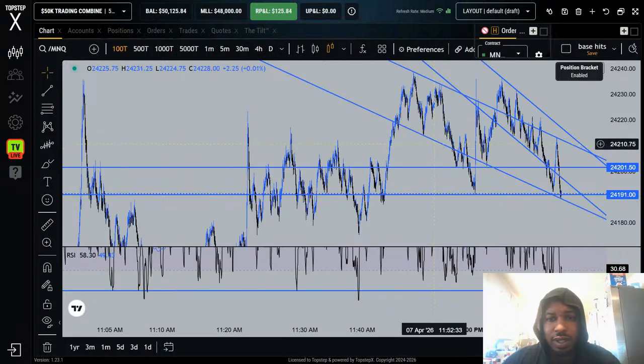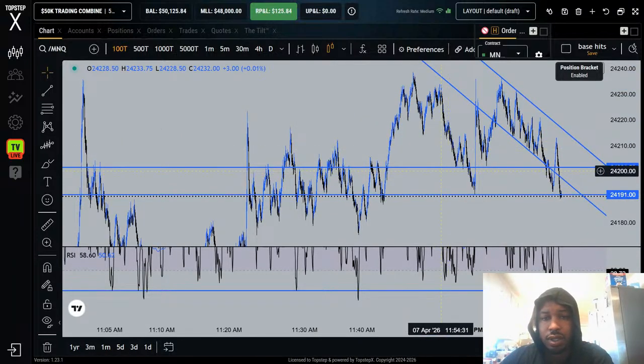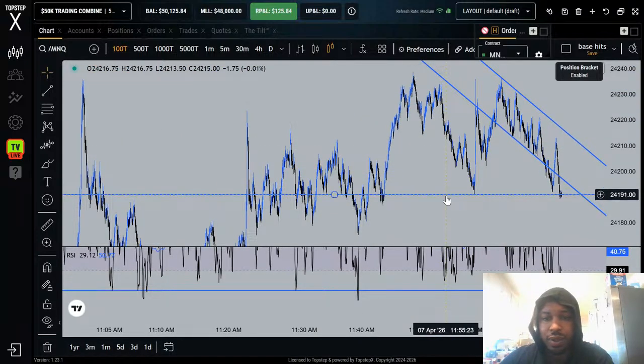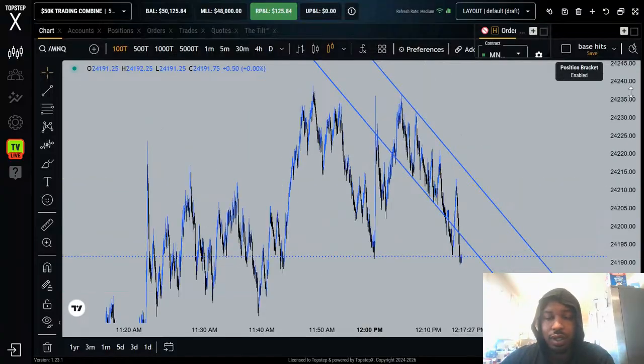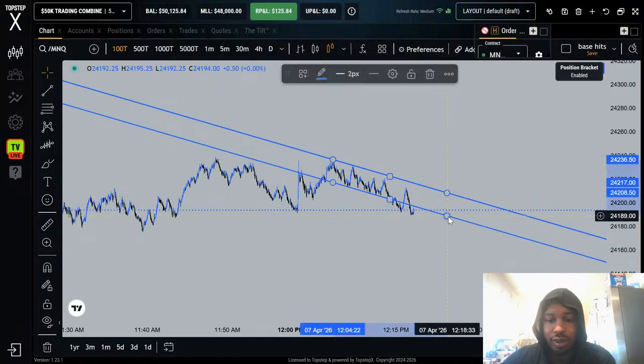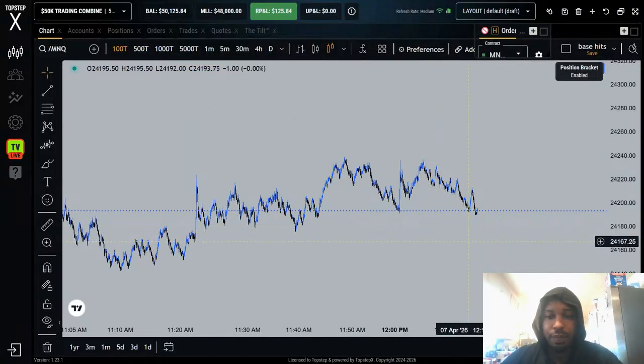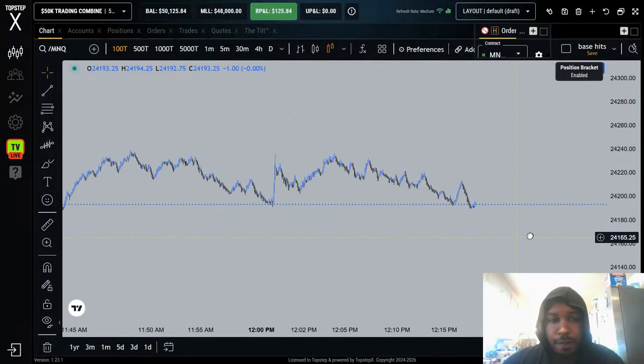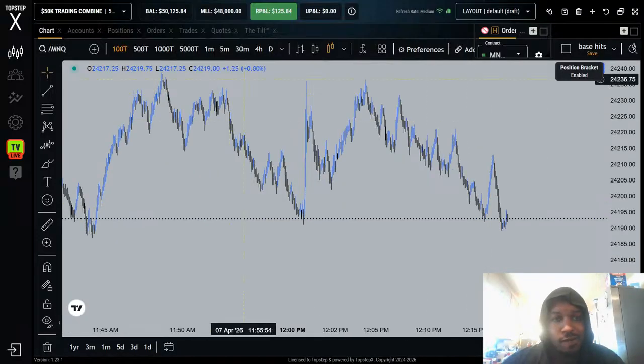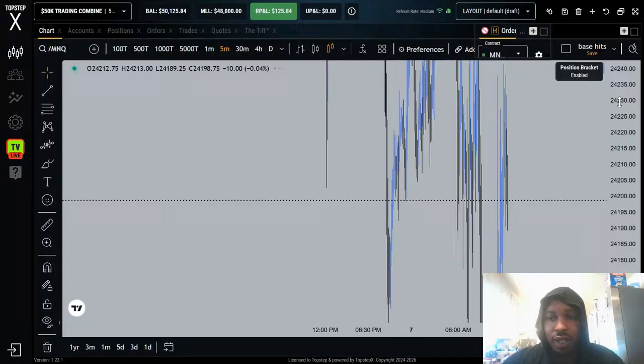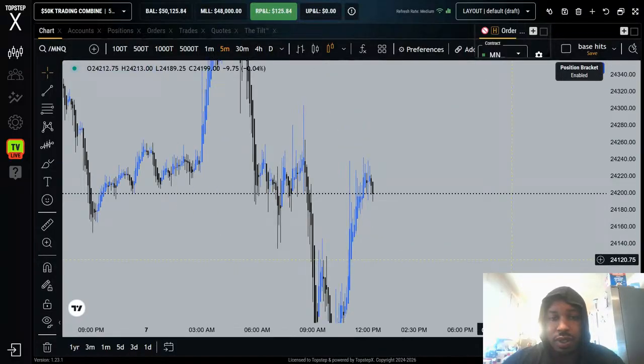So my screen is getting messy. Never want the screen to get messy. I like a simple, naked chart. We want to prioritize the overall trend.